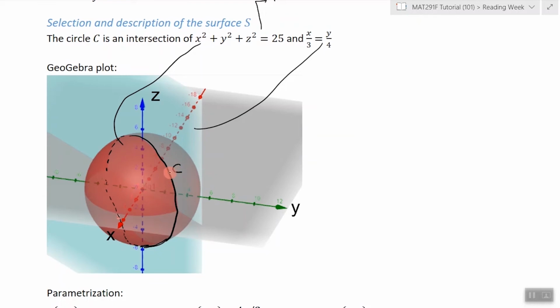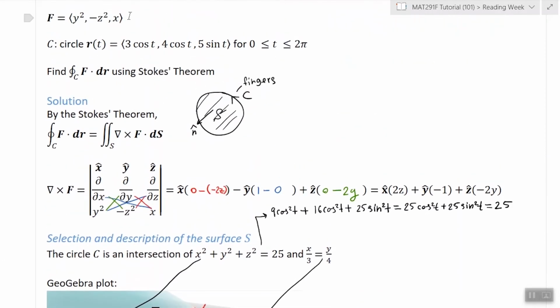Now we don't actually know which way it's oriented, so let's figure it out. Let's say when t equals 0, these are positive numbers, right? So this would be 3 and this would be 4.